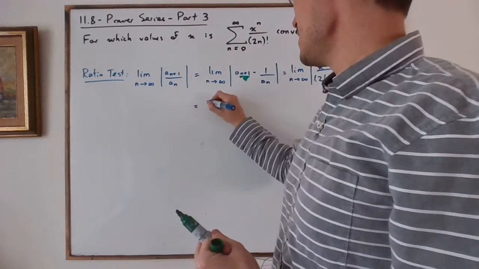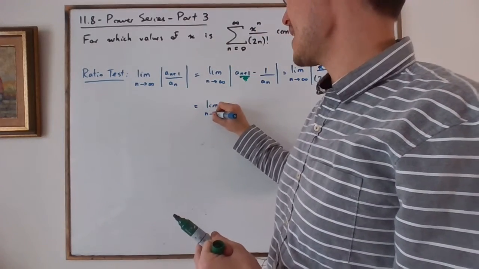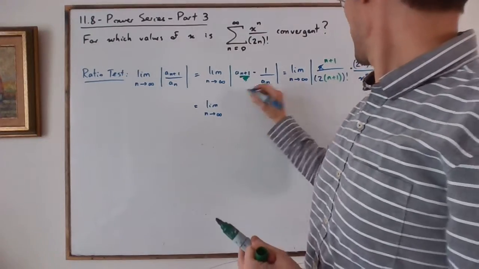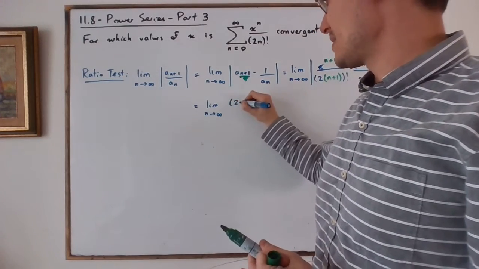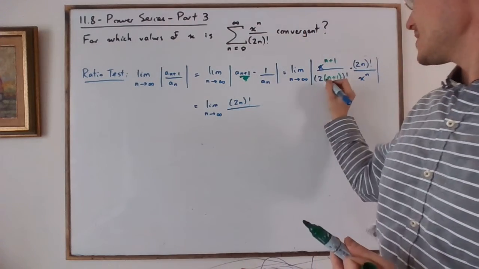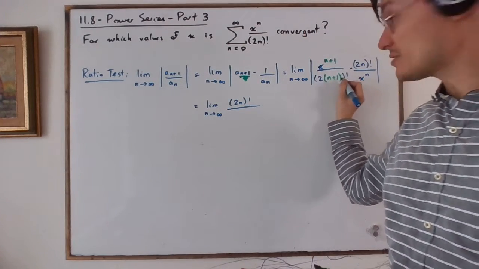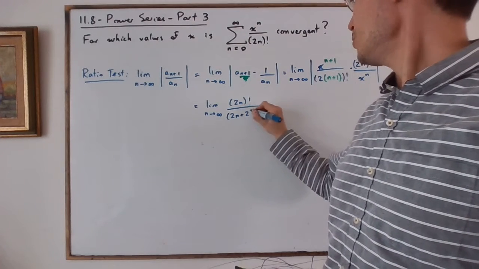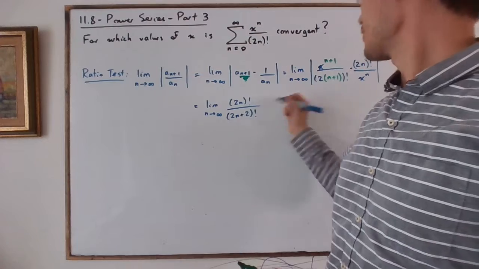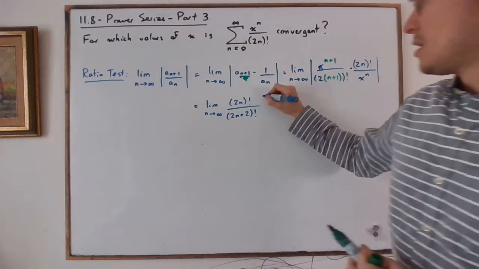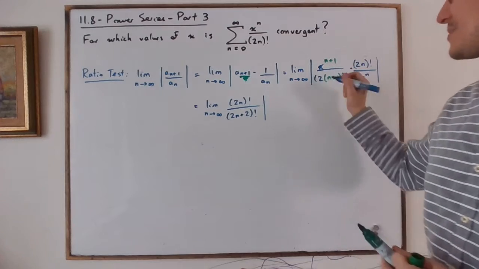Let's first say it's going to be the limit as n approaches infinity. 2n factorial, we know it's positive, no issues here. And we're going to divide this. Be careful here, you need to distribute by 2n plus 2 factorial. Multiplied by the absolute value.